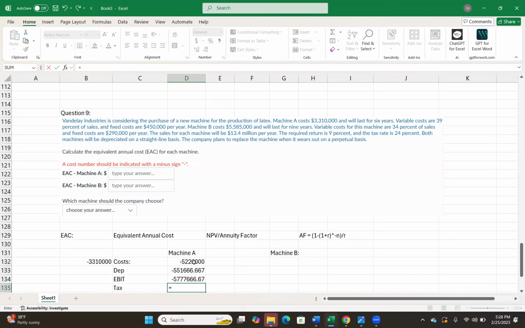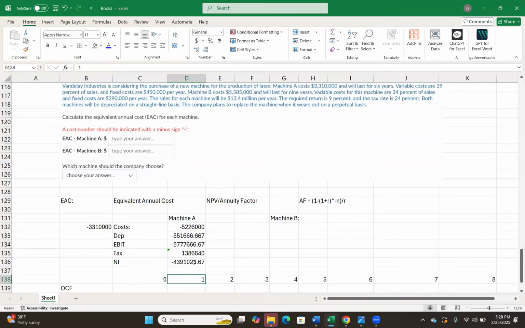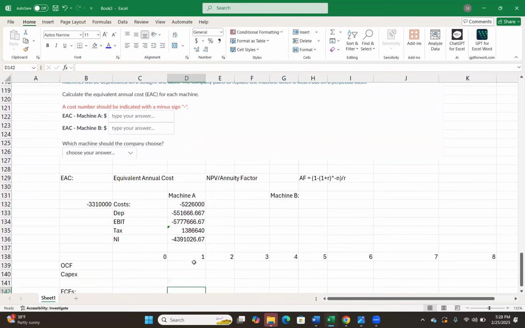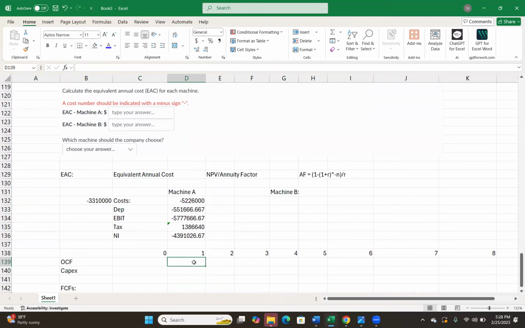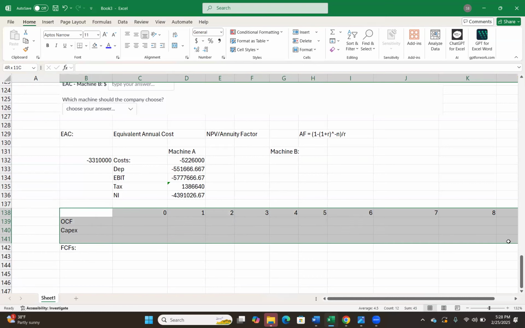EBIT is the sum of these. Taxes, 24%. Net income is the sum of these. Okay, so my OCF for machine A, actually, I'm just going to copy this whole thing.